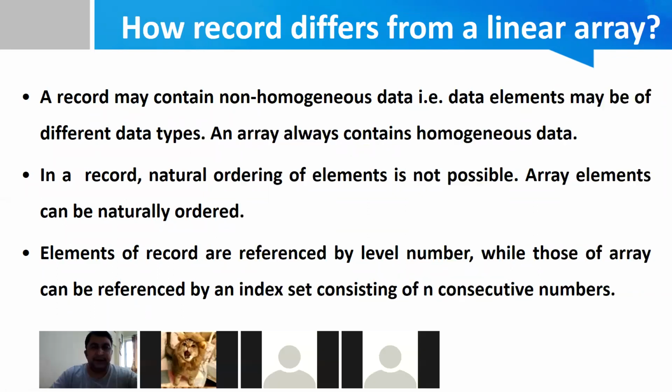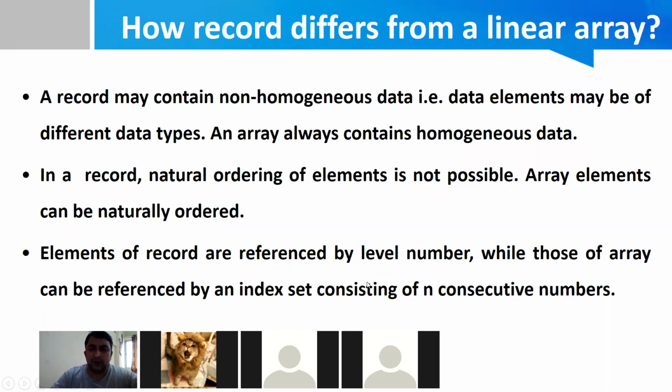So different data types. And an array consists of homogeneous data. That is what I said. Individually, if you see, it is said to be homogeneous data. And in a record, the natural ordering of the elements is not possible, whereas in an array it is maintained in an ordered way. Elements of the record are referenced by the level number. So individual record numbers are maintained with the level number, so that it is a reference of the particular record.